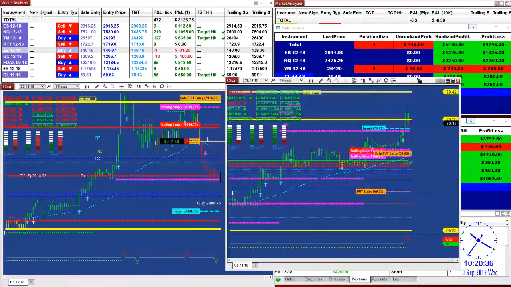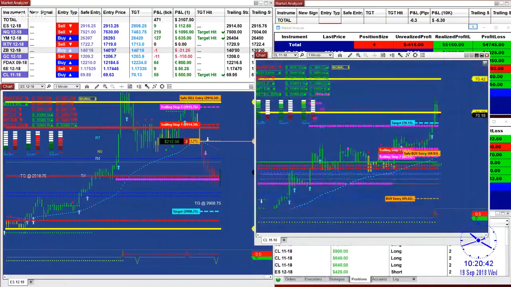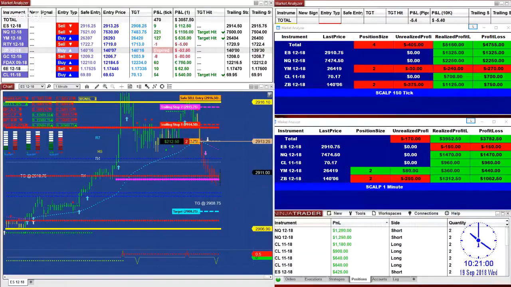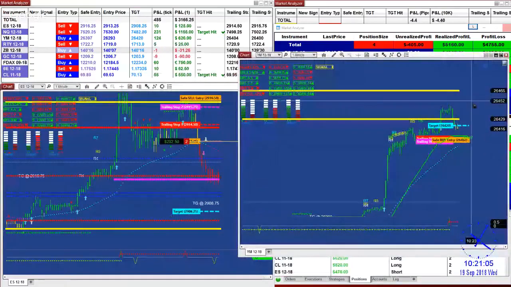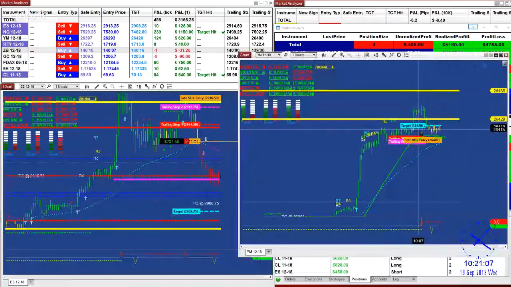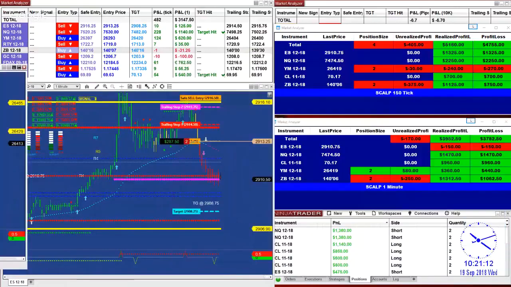The CL target has already been hit, and let me see if I can find a reversal on the CL. But the target is already hit and way above the target, so there is nothing we can do. ES, we are already running. The YM has already hit the target, it's finished. We are waiting on a new signal.